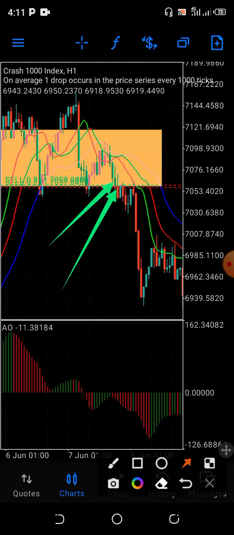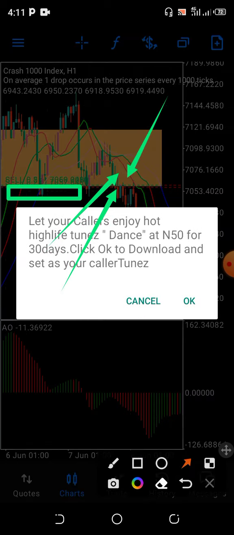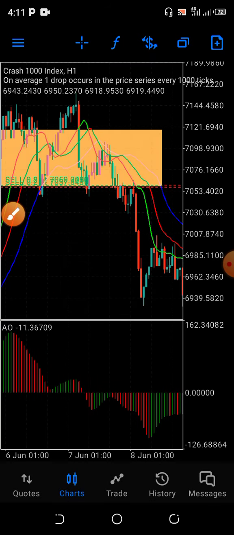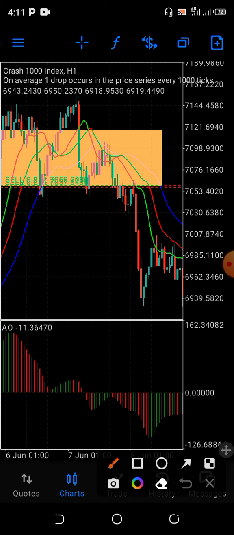That candle inside has dropped, and I have watched this very support zone and how it's moving, knowing fully well that either this market will go up from here, or it will start moving down. So I entered that trade based on this. Get this? I entered it based on this.